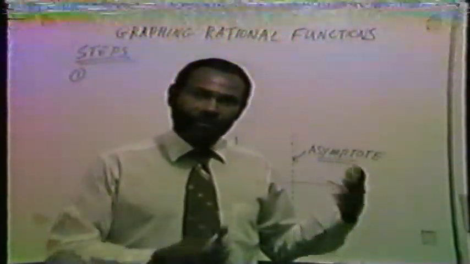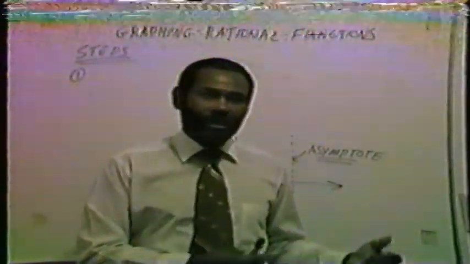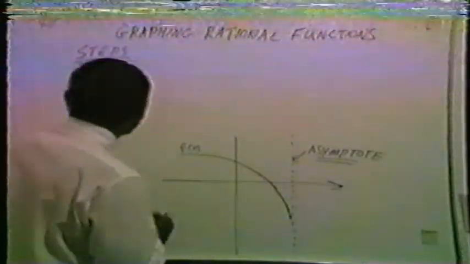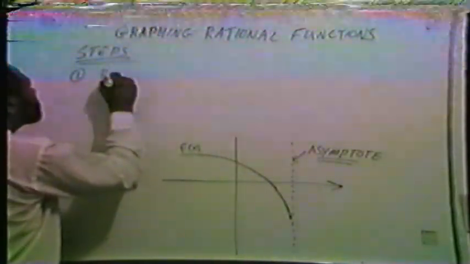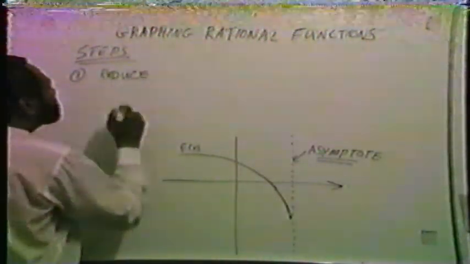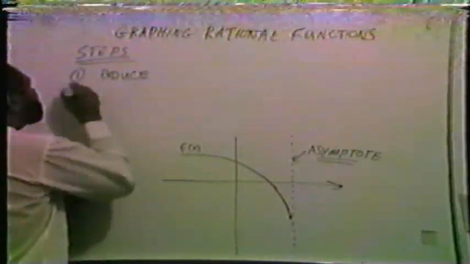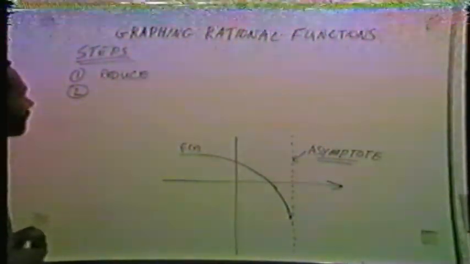The rational function is defined by a rational expression, so to reduce the rational function, you just reduce the rational expression. So step number one, you must reduce. Make sure that the rational function is reduced to lowest terms. Reduce the rational expression.